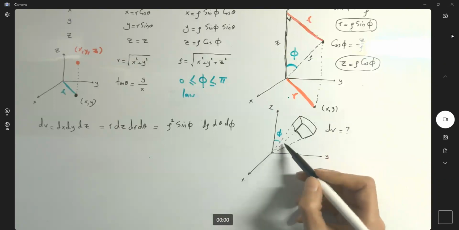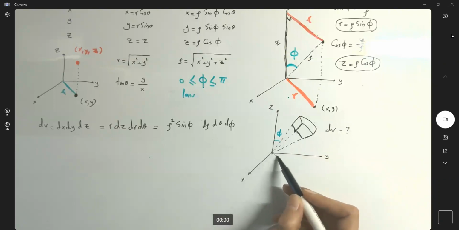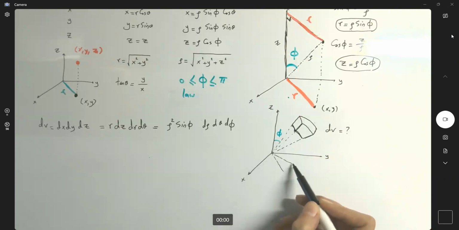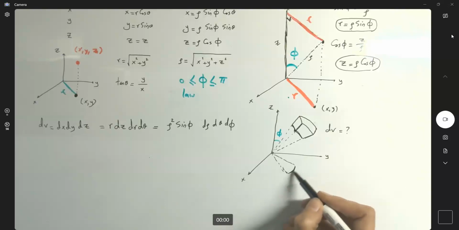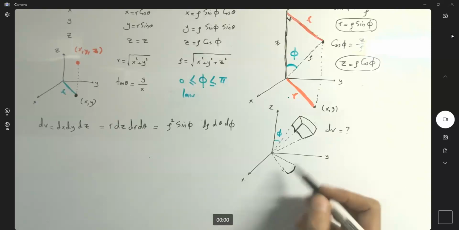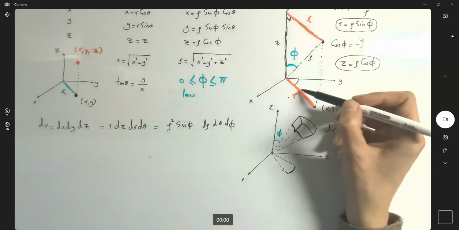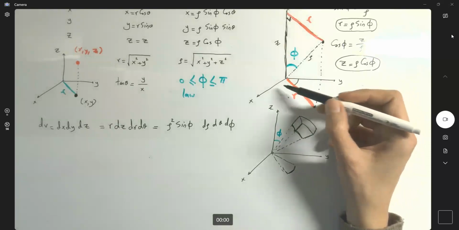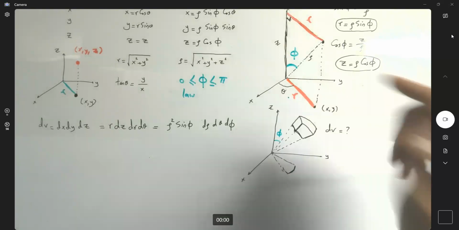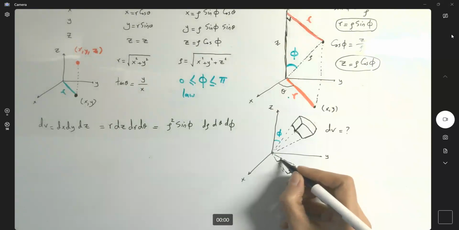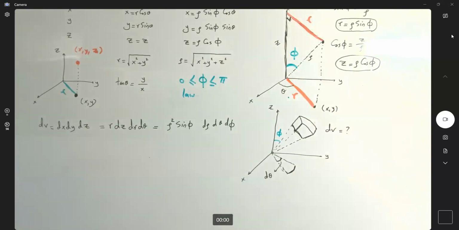If I look at the projection of this piece in the plane, it's going to be similar to this. Let's move this a little bit to get the big picture. This piece is located in the xy plane, and remember, this is your angle. For example, write down the angle theta here and show that this is going to be d theta, the very small change that you see in theta.